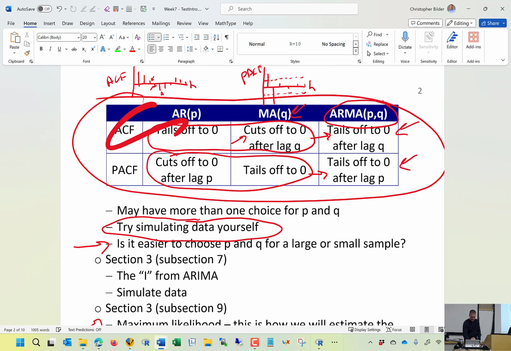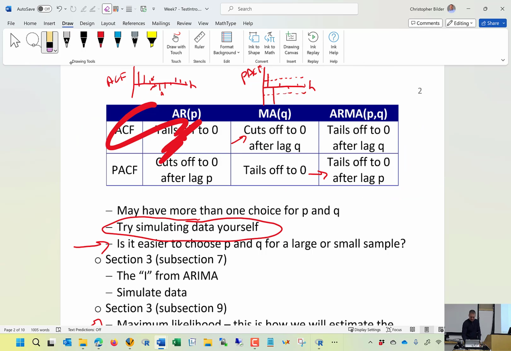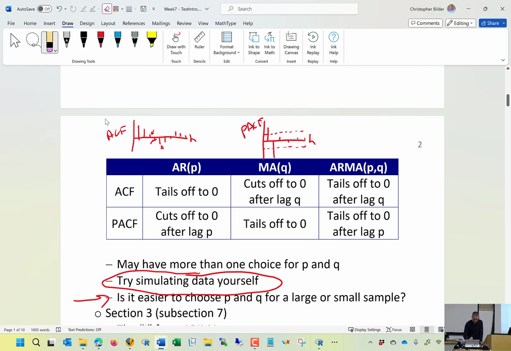So when you say tails off to 0 after that Q for the ACF, do you mean, especially when we have this cosine and sine function, that Q is the closest lag to 0, or is it the first lag that is below the significance line?